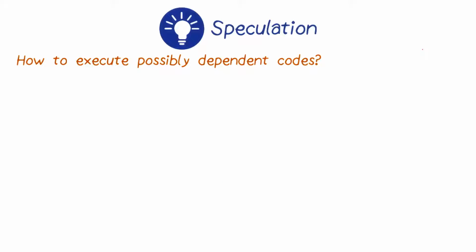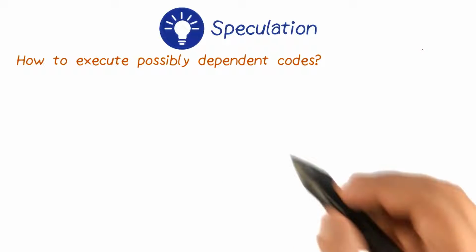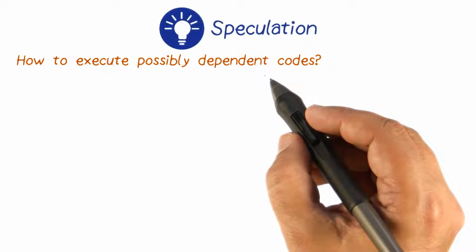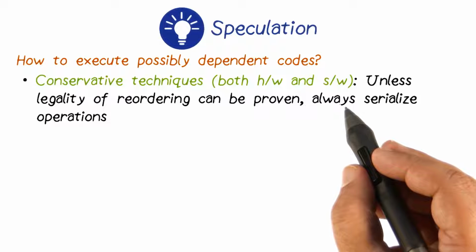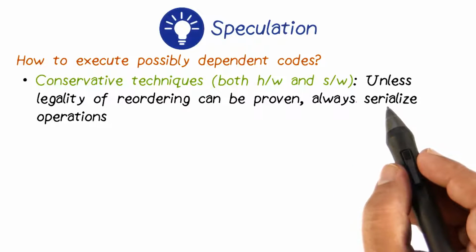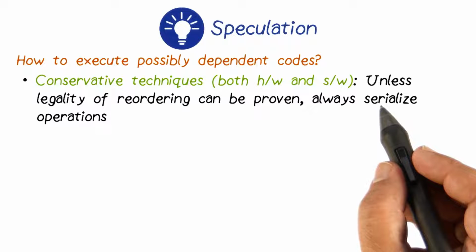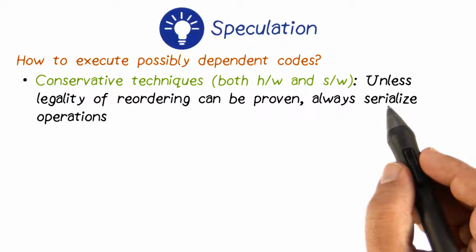One of the key aspects of speculation is how to possibly execute the code ahead of time. Regardless of the scheme, whether it is hardware or software based, the techniques are always conservative. That means you don't move the code to an earlier place and leave it there without compensating for it, unless the legality of reordering is proven.